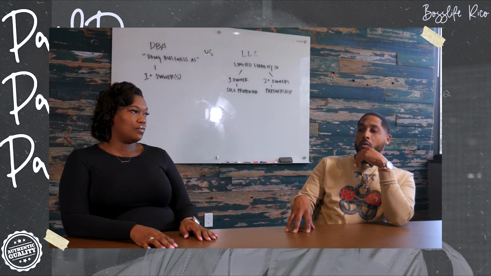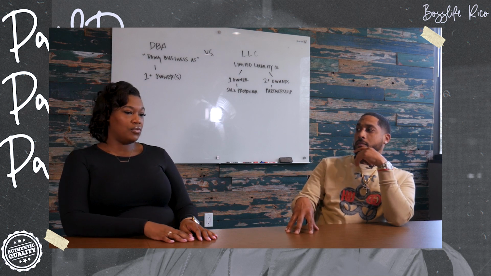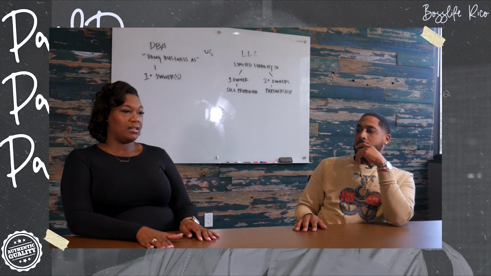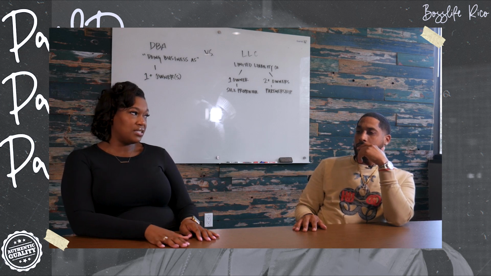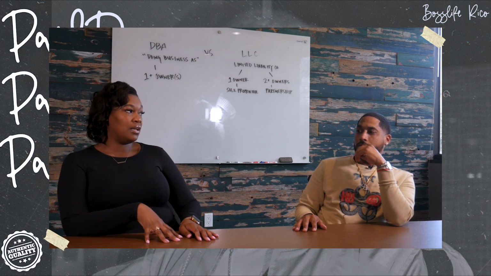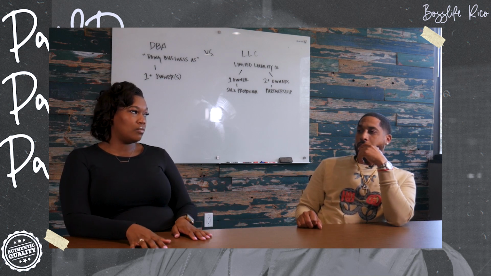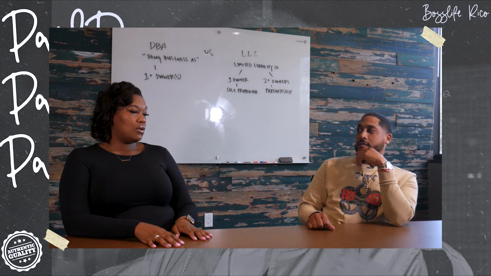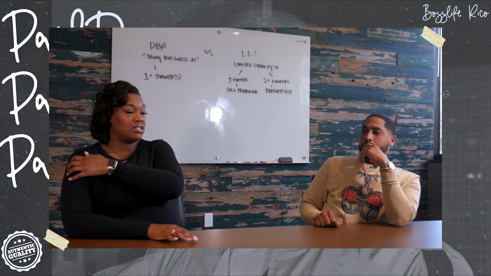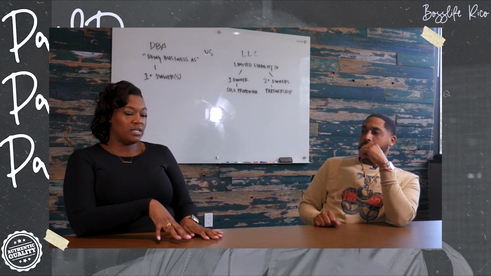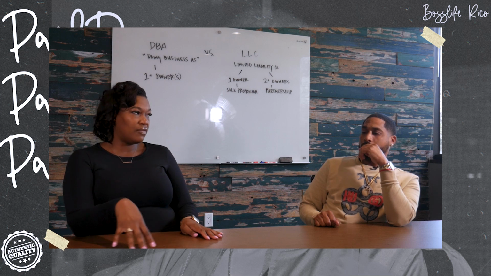What is the difference between an S Corp and a C Corp? That's an election you have to make with the IRS to say, I am an LLC, but I want to be taxed as either an S Corp or a C Corp. It's a form you have to fill out, Form 2553.